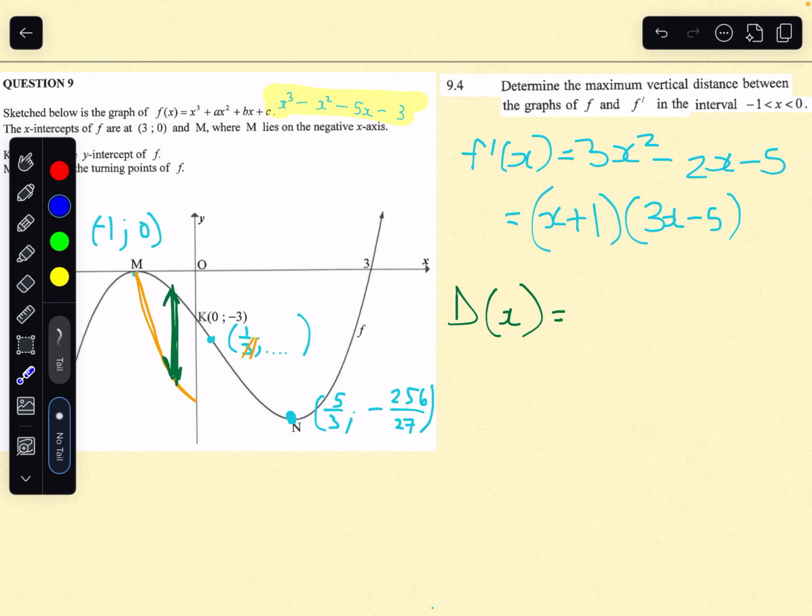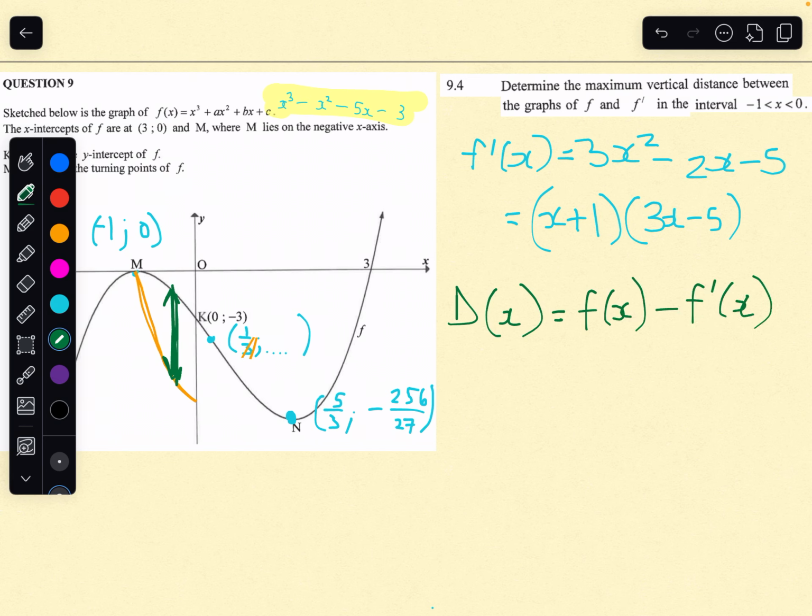We would have to think about the smallest number, because negatives just work that way. Anyway, just choose the function that is on top. So we're going to say f of x minus f prime x. You start with the function that's on top, so that your distance is a positive number, not a negative number. Then the calculation is more intuitive.